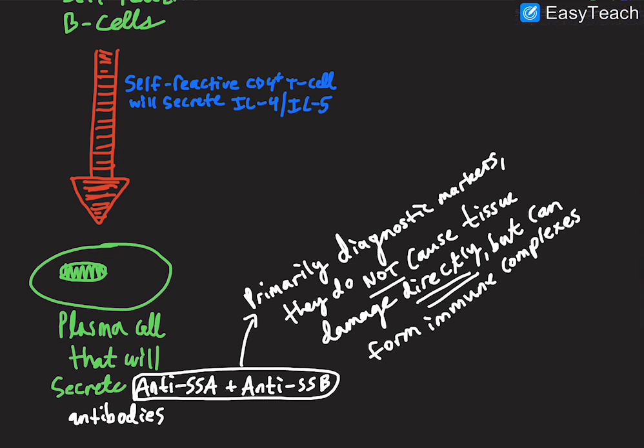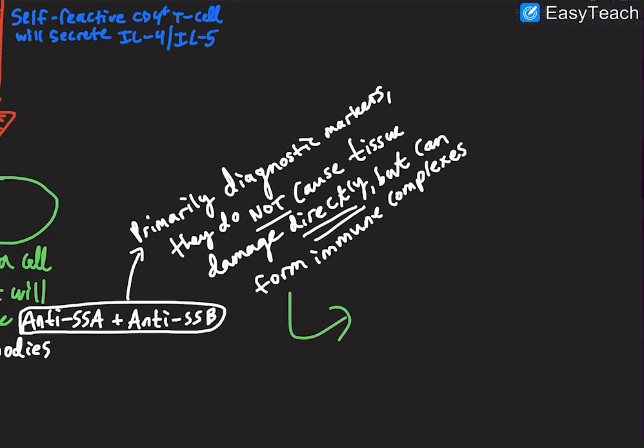But remember, the damage is not due to these antibodies, it's due to lymphocytic infiltration. It's a type 4 hypersensitivity reaction. Because you have a lot of autoantibodies getting formed, you may form immune complexes. But what we should know is that the main source of damage in Sjogren syndrome is your T cells infiltrating.